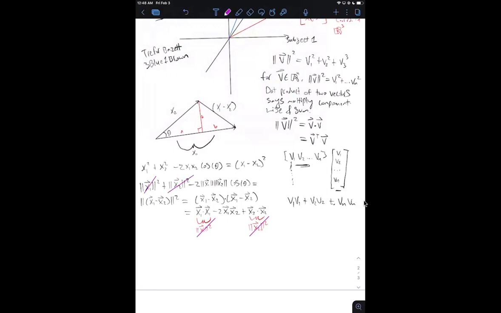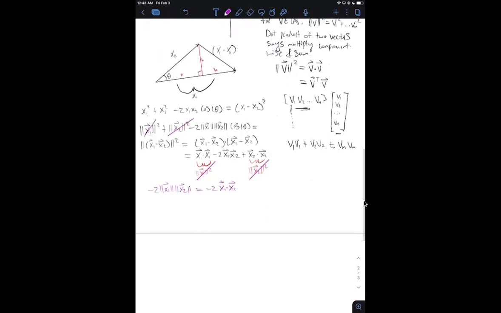So we have, I'll keep this new color, negative 2 x1, and that is the length of x1 times the length of x2 is equal to negative 2 times x1. This should really be a dot here, dotted with x2.